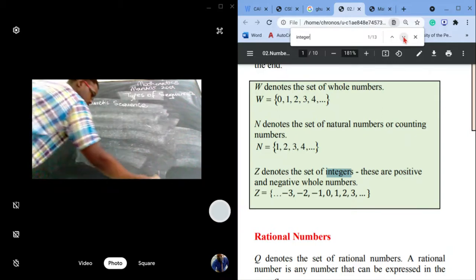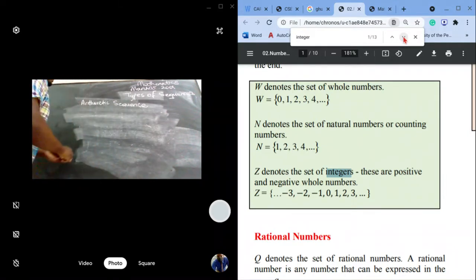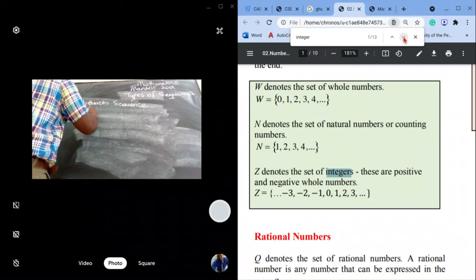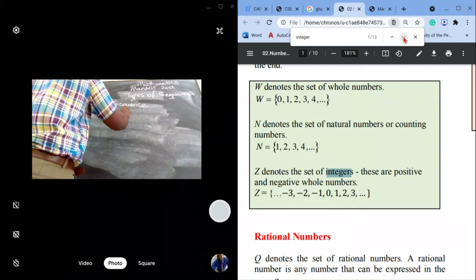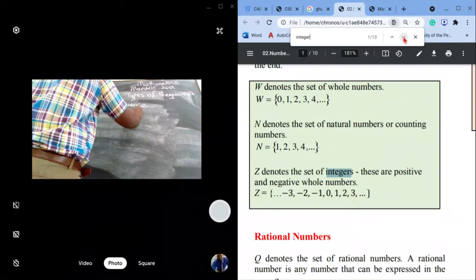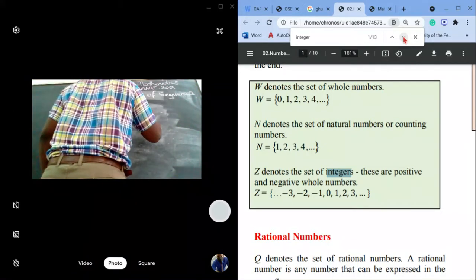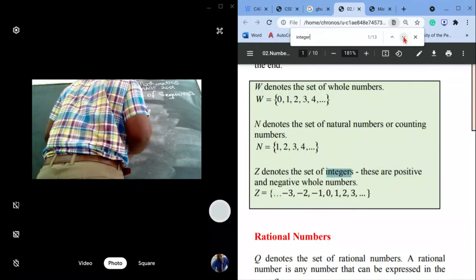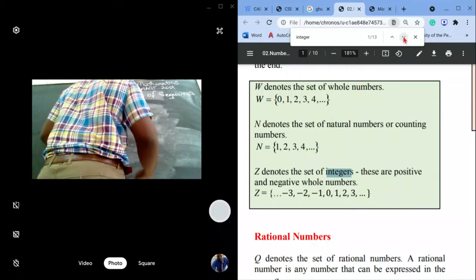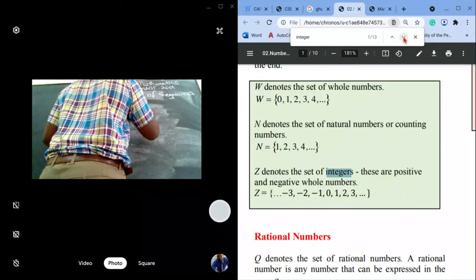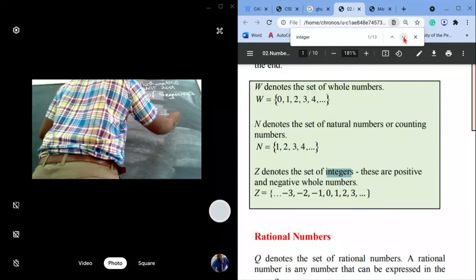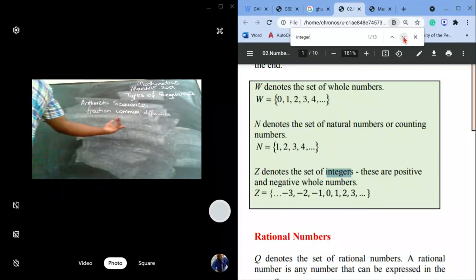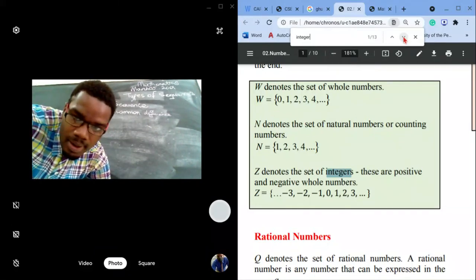Fraction common difference. Okay, fraction common difference. Now, let's quickly go back to where we started.